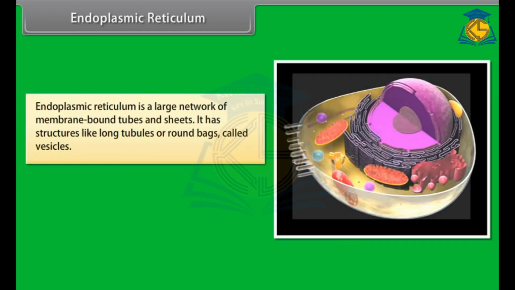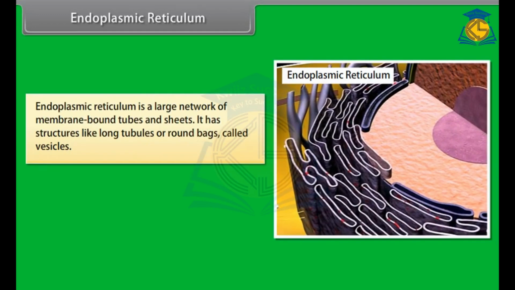Endoplasmic reticulum. Endoplasmic reticulum is a large network of membrane-bound tubes and sheets. It has structures like long tubules or round bags called vesicles. On the basis of presence of ribosome, they are of two types: rough endoplasmic reticulum, RER, and smooth endoplasmic reticulum, SER.